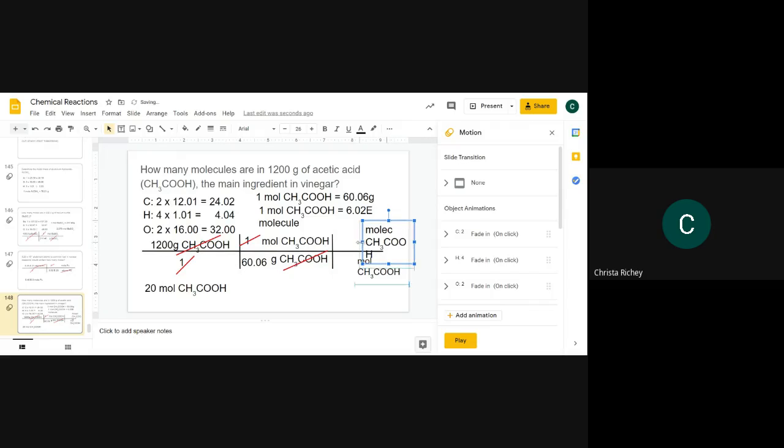Well, if I can get it to behave, we need a 1. And then Avogadro's number is going to go up top. Okay.